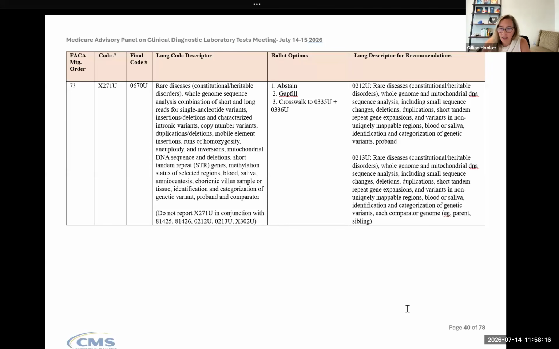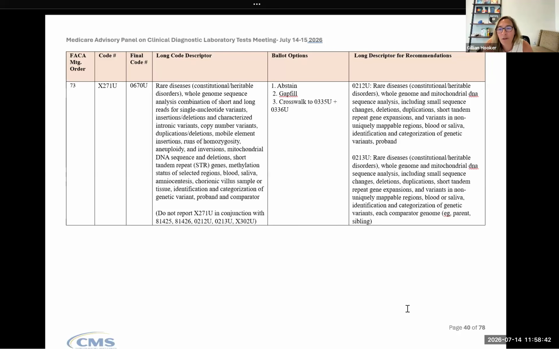Oh, sorry, actually, something's not lining up with this one. Let me go back and see what was on the sheet. Sorry, I think we did not receive a recommendation for this one. I'm sorry. So the codes that we considered for this are not the codes I mentioned previously.